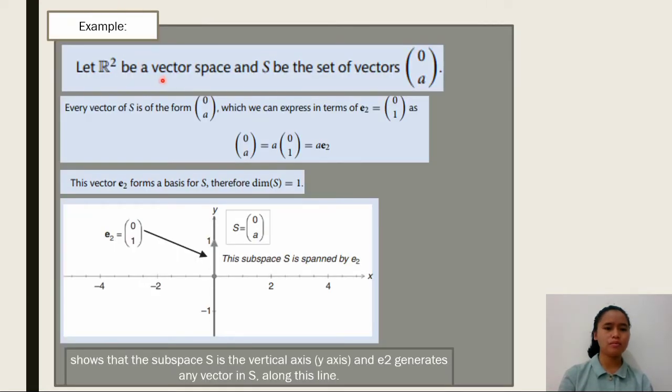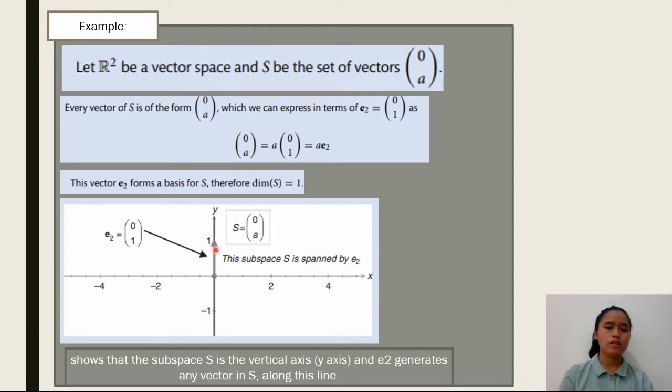For example, let R2 be a vector space and S be the set of vectors (0, a). So e2 equals (0, 1). This vector e2 forms a basis for S, therefore the dimension of S equals 1. Why?